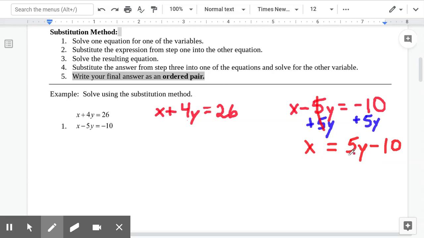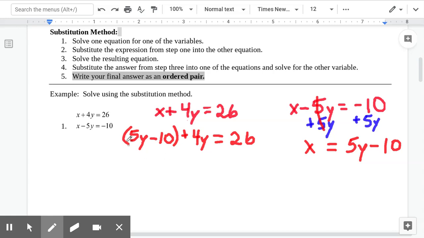So if we know that x is equal to 5y minus 10, we're going to replace this x with that expression 5y minus 10. And now you'll see that we've replaced x with that expression, and we have an equation that only uses a single variable, the variable y, meaning we're able to solve this equation now for that variable by going through some steps that we already know.